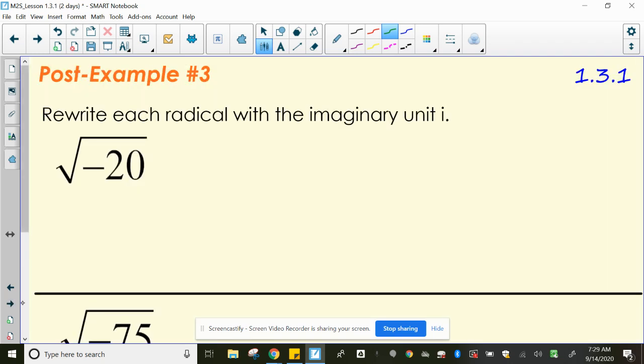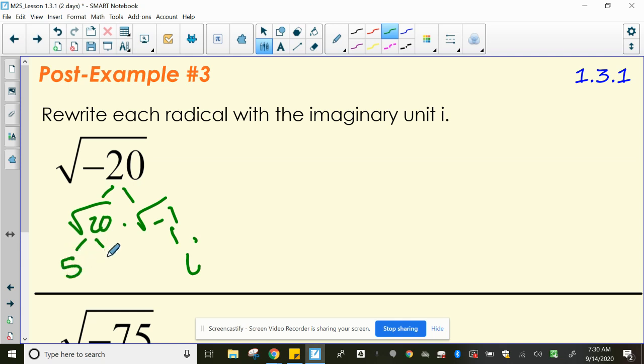Okay, let's practice this. Let's try square root of negative 20. The first thing we're going to do is rewrite this as root 20 times square root of negative 1. We're pulling out the square root of negative 1, and because we know square root of negative 1 is just i. Here, we break down our root 20.